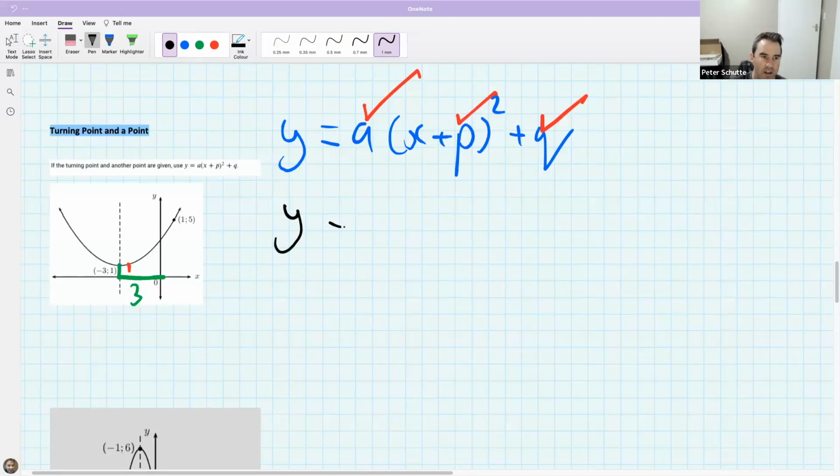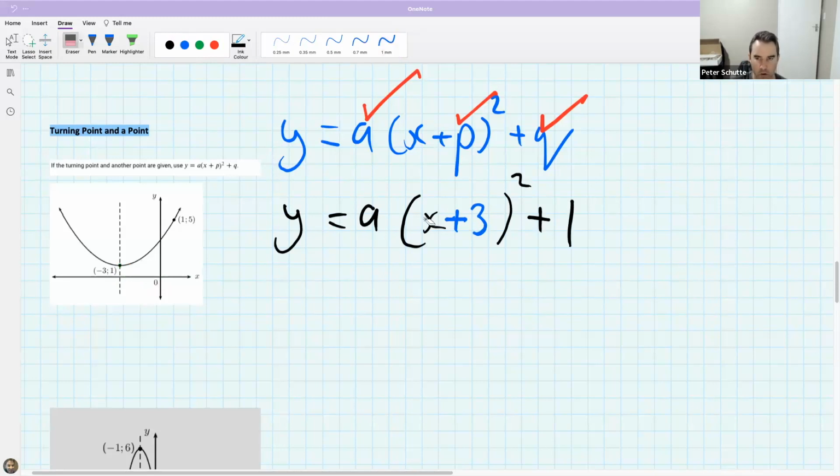It's a little bit harder for P, but for Q, it's straightforward. It's just going to be plus 1. Because the turning point is minus 3, this actually has to be plus 3. So you work the other way around when you have a horizontal shift.